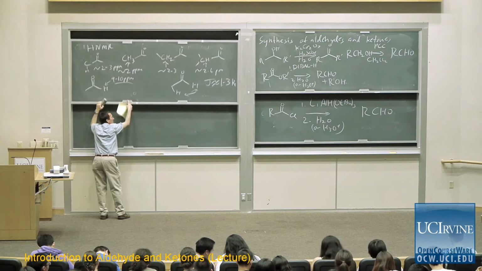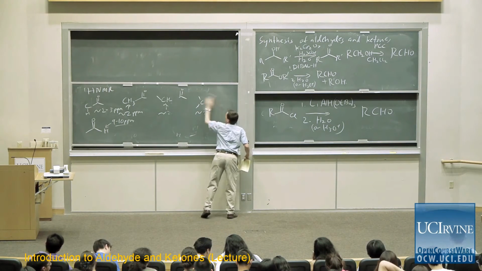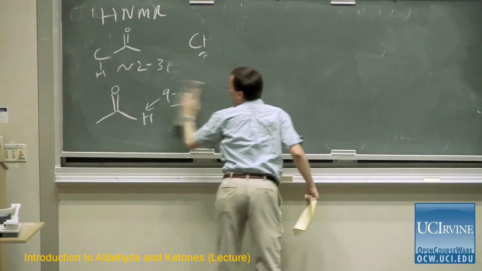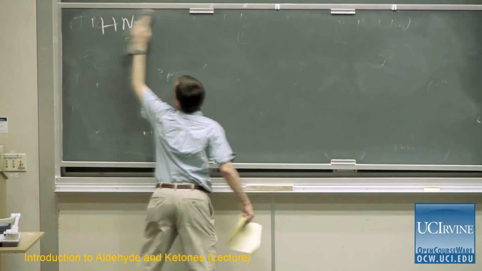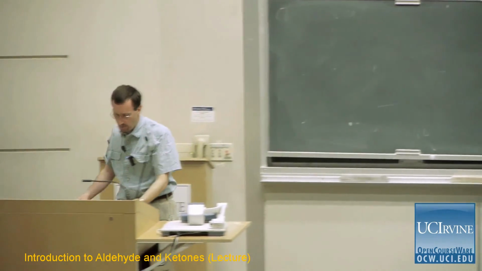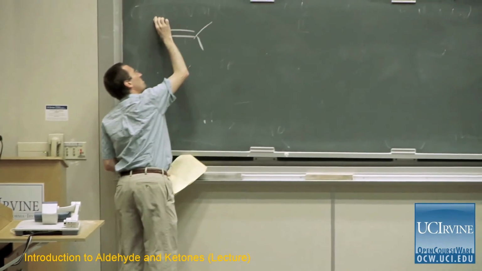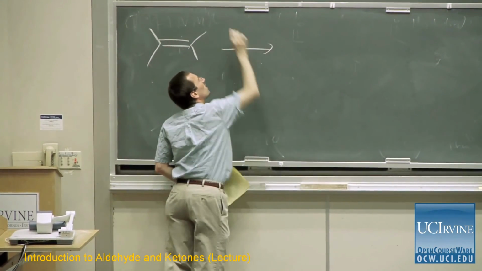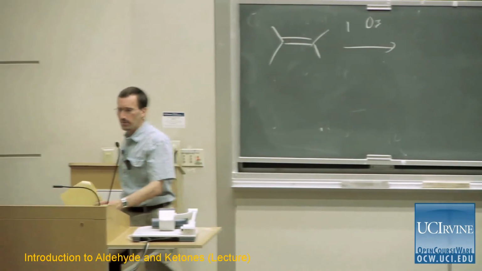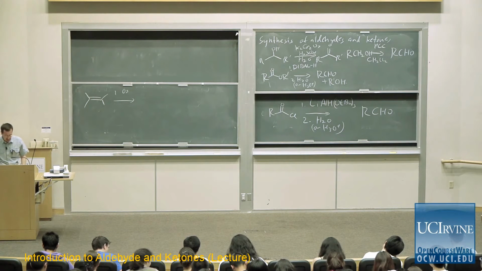All right, so that kind of covers reactions that you've seen in which you're transforming oxidation state without really changing the structure of the molecule. You've also learned about some reactions that transform the structure of the molecule more profoundly while changing oxidation state. So for example, you've learned again in past chapters about ozonolysis. You can take an alkene and treat it with ozone, which you generate by passing a silent electric discharge through oxygen.